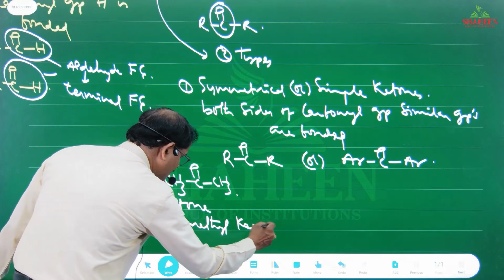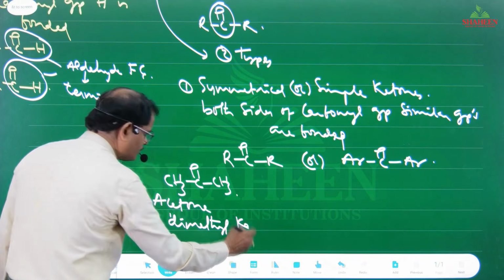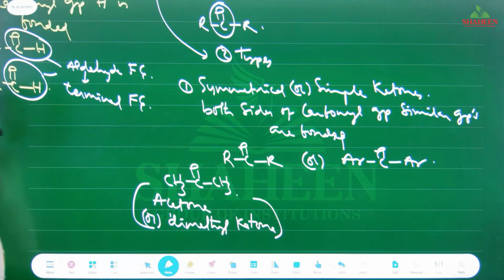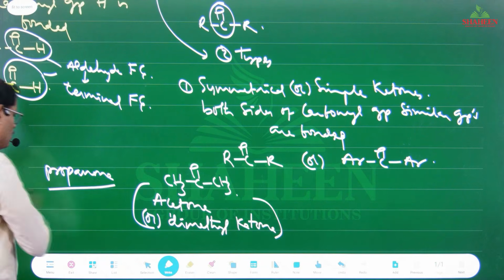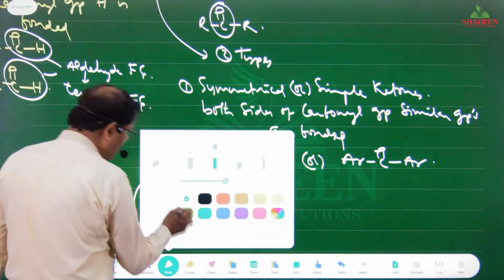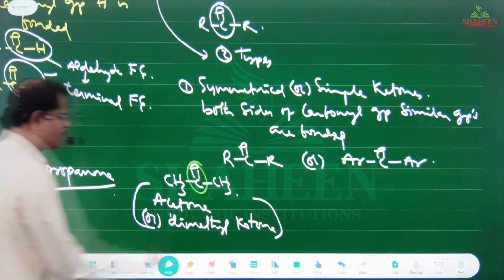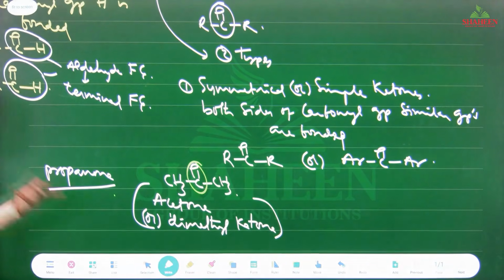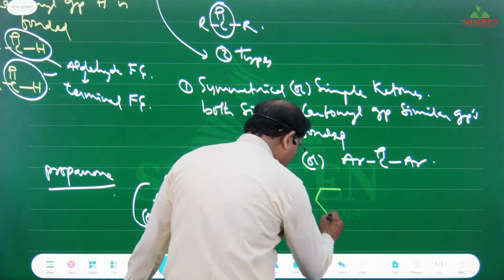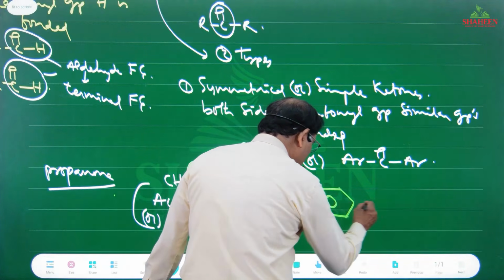Acetone and dimethyl ketone are common names, and propanone is the IUPAC name. When similar alkyl or aryl groups are bonded on both sides of the carbonyl group, they are called symmetrical or simple ketones.